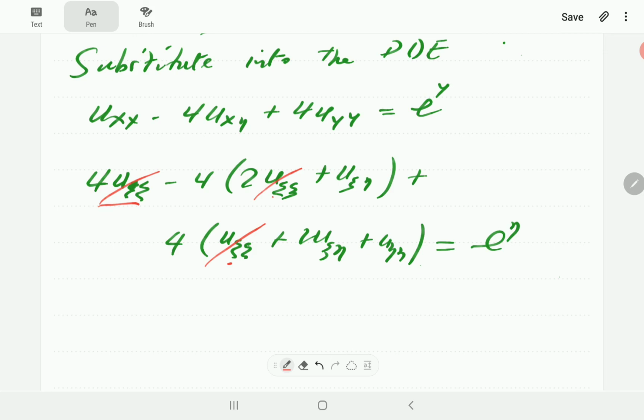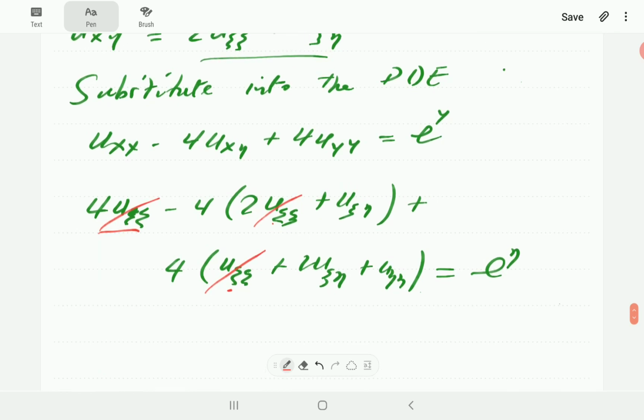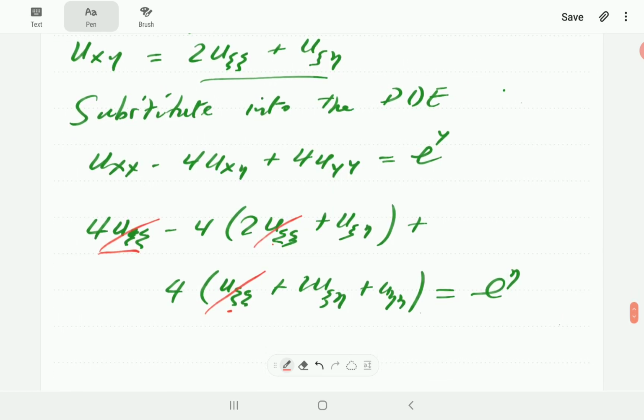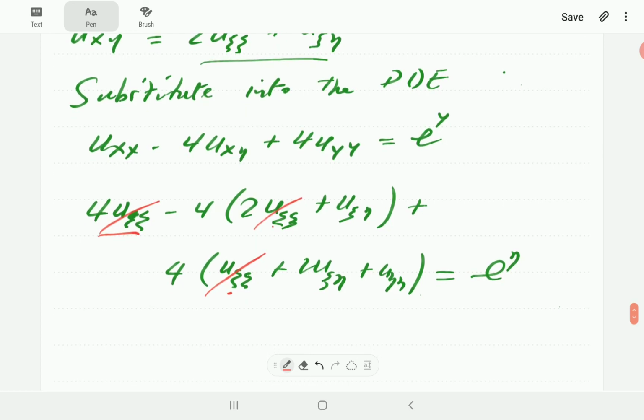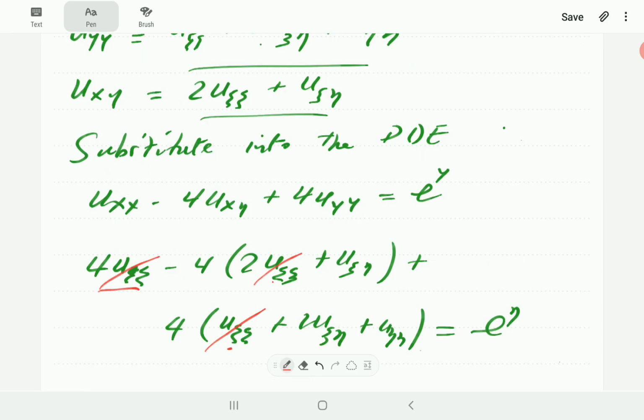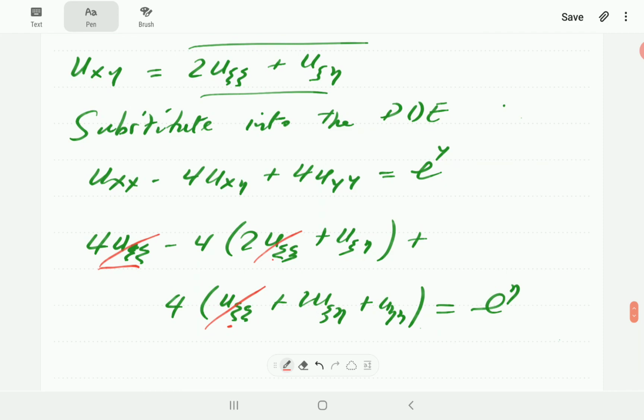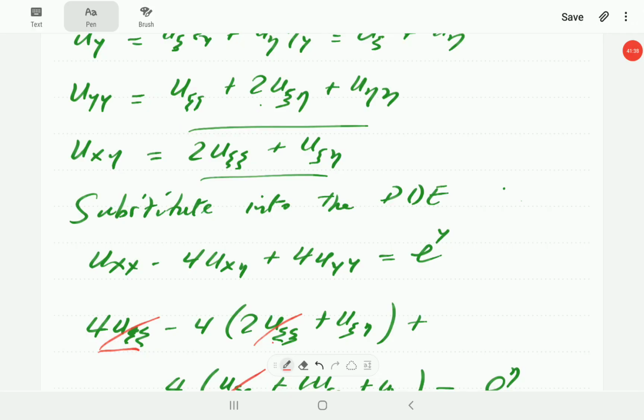Then the xi eta terms, all right, so actually there is a minor correction here.